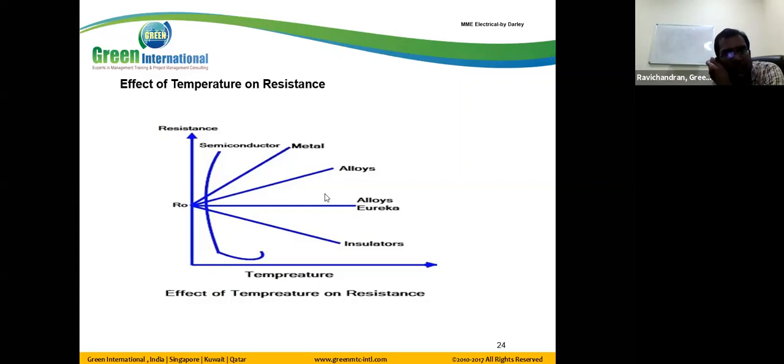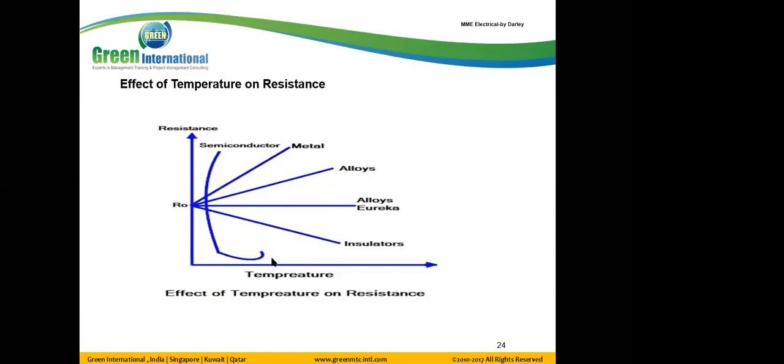The material above the alloy material, alloy Eureka, we use in conductors, and below the alloy material they are used as insulators. For semiconductors, the behavior changes from positive temperature coefficient to negative.